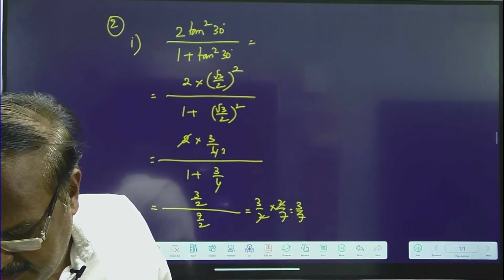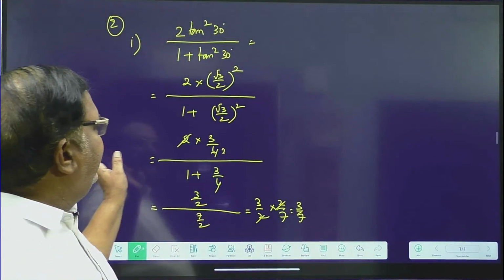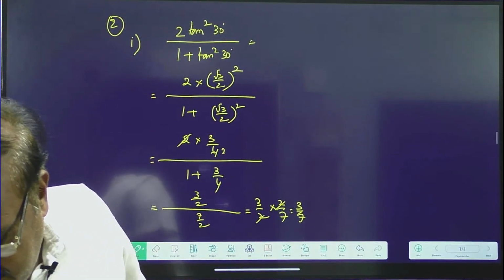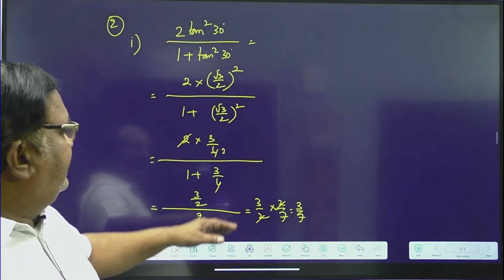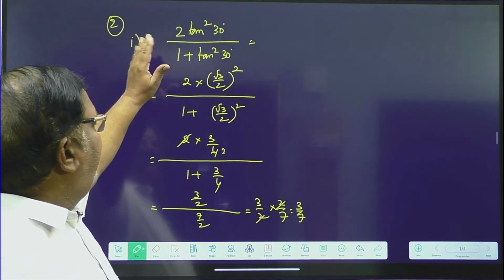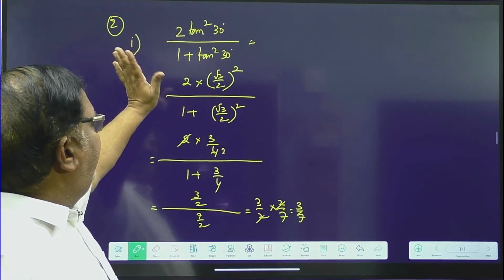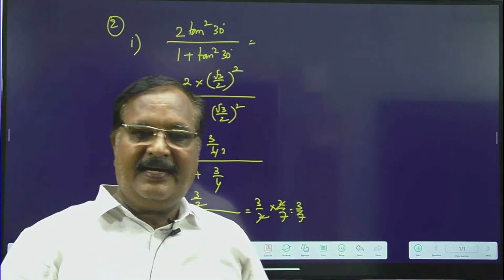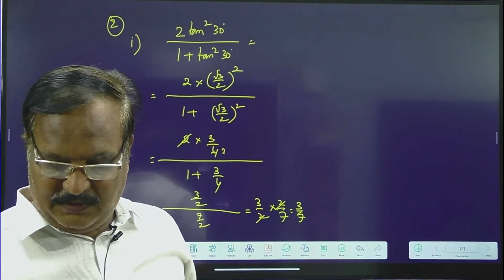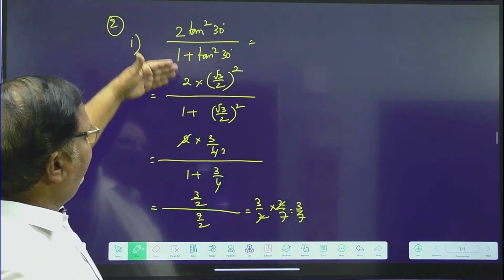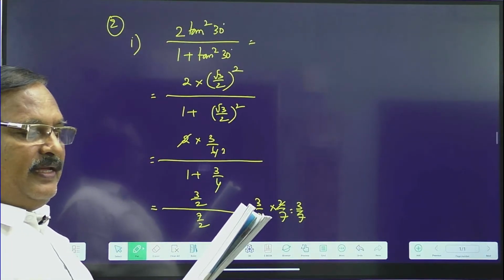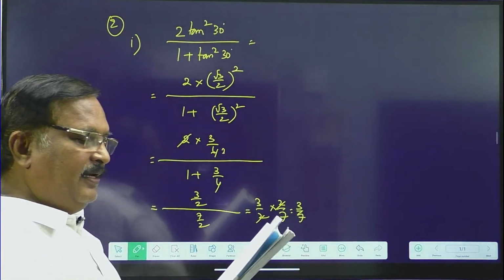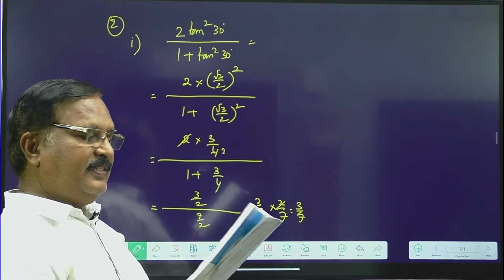Okay, so it is completely wrong because 3 by 7 is nowhere in the answers, so somewhere we have made a mistake. The tan 30 value may be wrong, because in the answer options we have sin 60, cos 60, tan 60, sin 30.